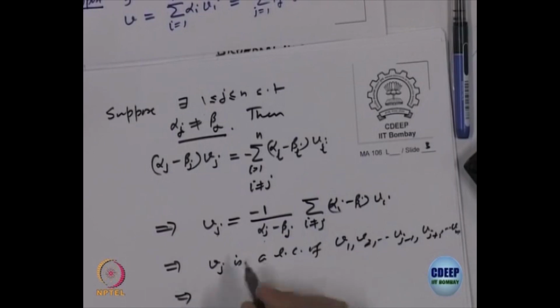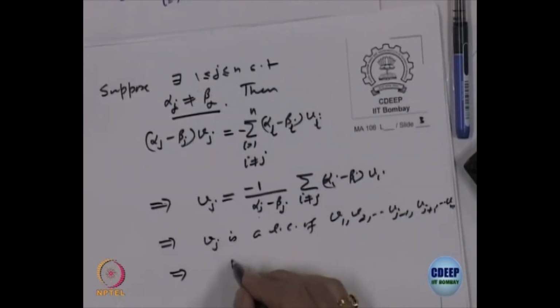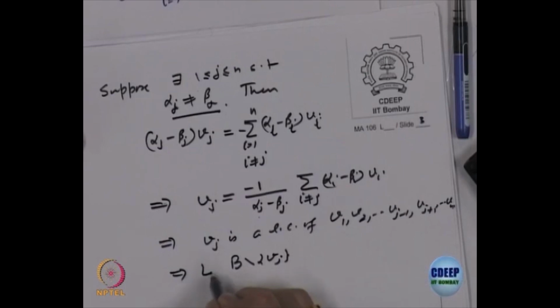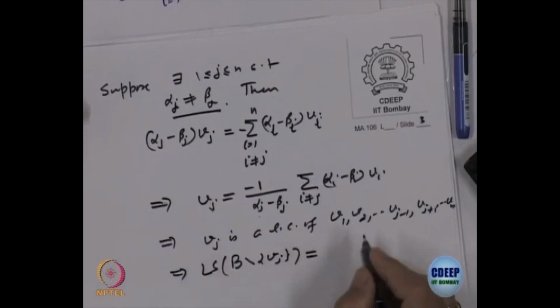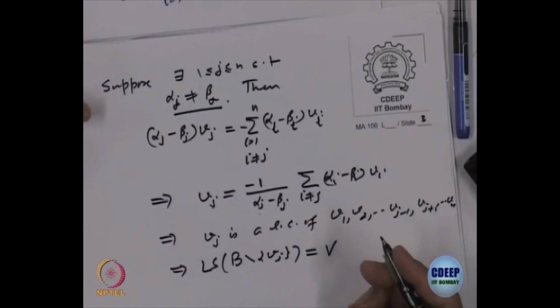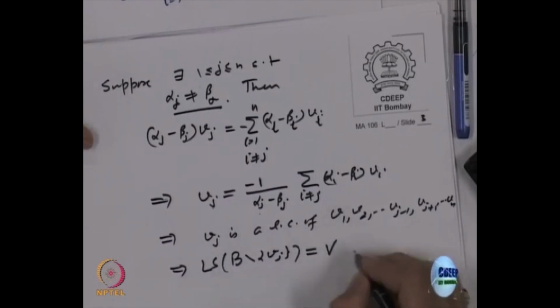So, that means from the set B, if I remove V j, I do not lose anything, right. I can get everything. So, linear span of this is equal to the whole of V, because V j itself is a linear combination of the remaining. So, all the remaining ones will do the job, but that is a contradiction.